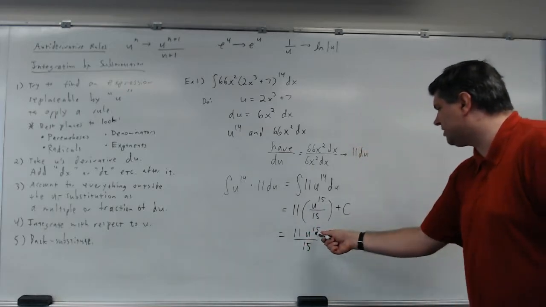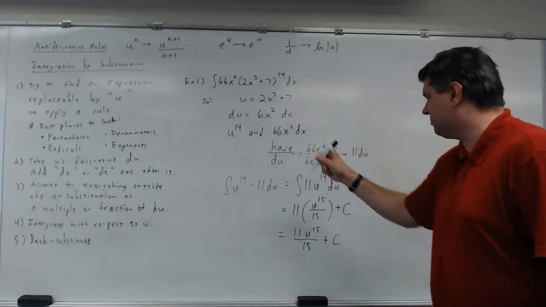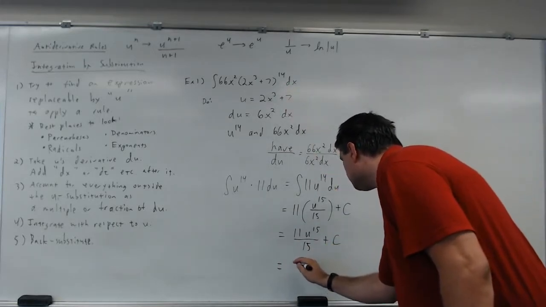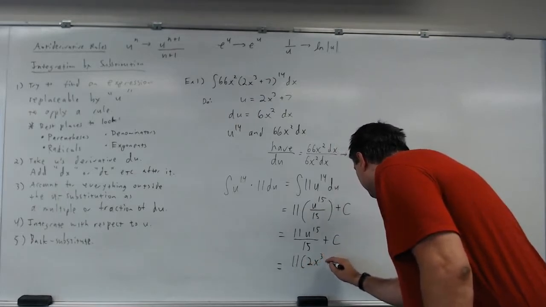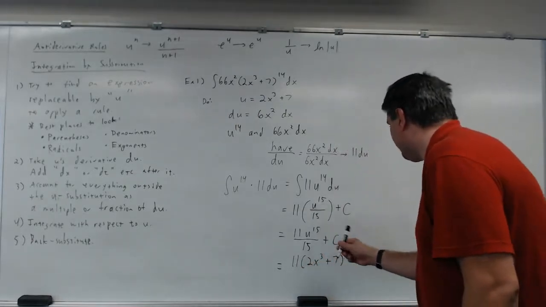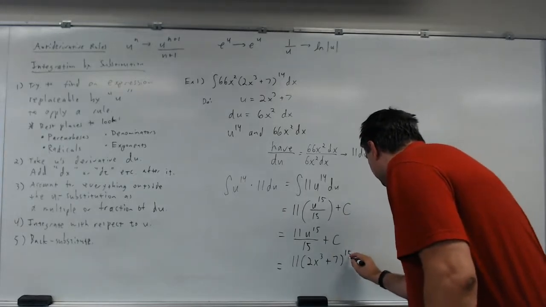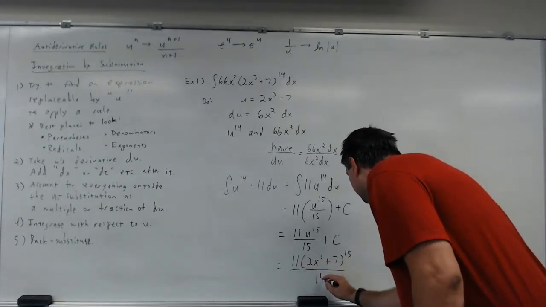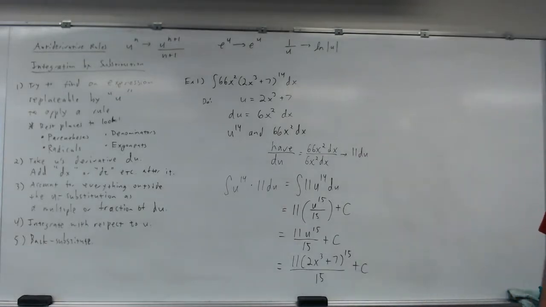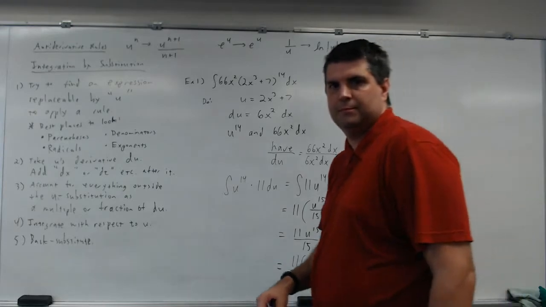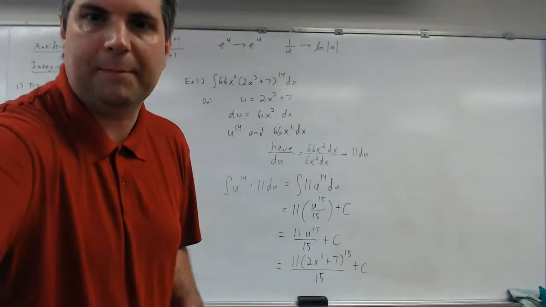And now that the integration is over, I need to back substitute. So I have 11 times (2x cubed plus 7) to the 15th over 15, plus c. I'm going to pause here and set up another example.